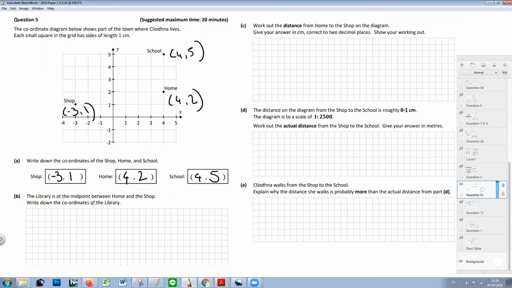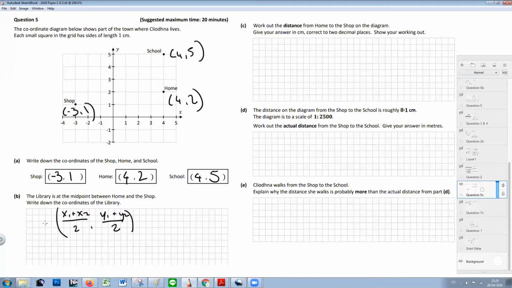All right, so the library is a midpoint between the home and the shop. Write down the coordinates of the library. So this is just where you need to know the equations for the line. They come up all the time, so it's very important that you can memorize them in the exam. And the midpoint equation is going to be x1 plus x2 over 2, y1 plus y2 over 2.